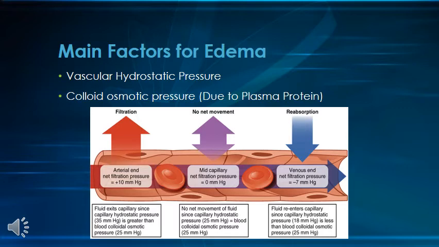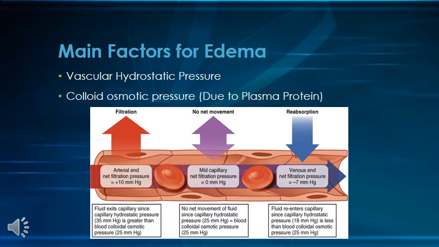Another thing is at the other end, at the right corner, venous return. At the venous end hydrostatic pressure remains decreased and osmotic pressure remains high. Osmotic or oncotic pressure is due to the major involvement of proteins.